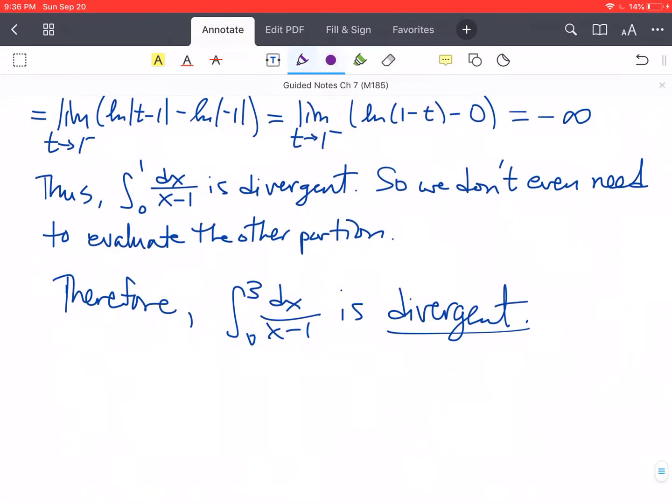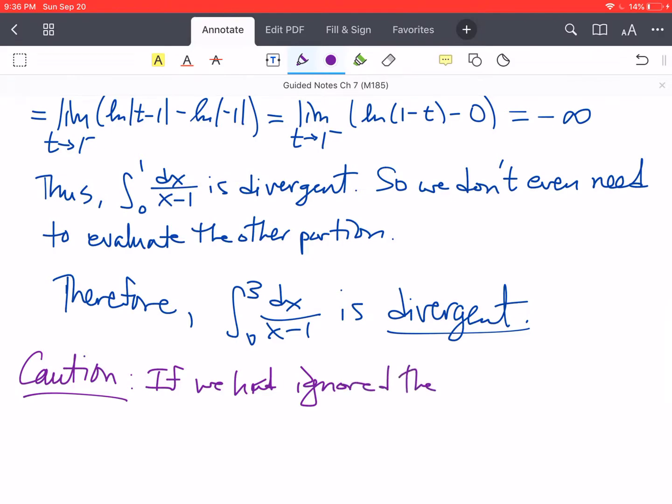But what I forgot to mention is my word of caution, which I mentioned up at the top of the problem, which was to make sure you take note of that asymptote, because if we had ignored the asymptote, then if we actually evaluated the integral, we would get the following.